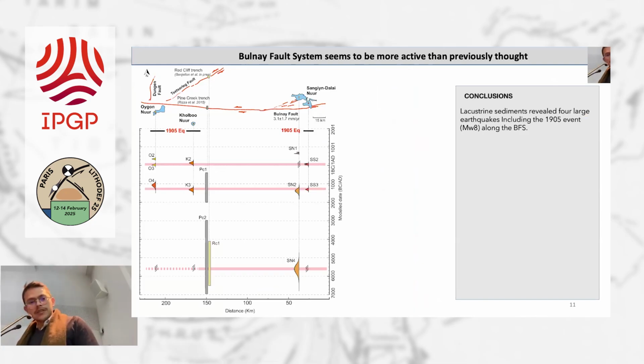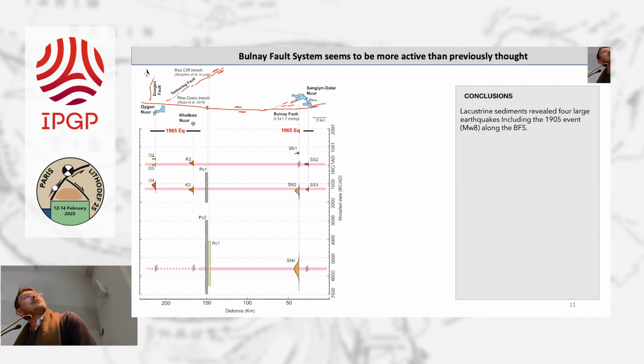The first conclusion is that the Bulnay fault system is more active than previously thought. Here in this plot, you have distance along the fault, and you have the calendar date on the vertical. And here I represent all of the probability density functions associated to the age of the paleo events.